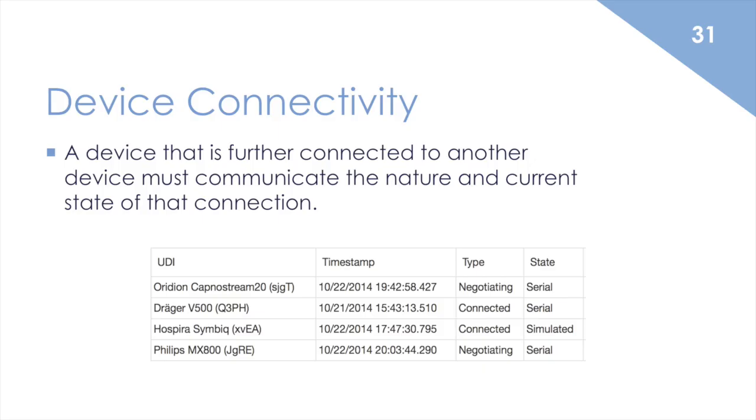So often in the OpenICE system, medical devices cannot natively connect to the system, so there'll be an intermediary. We often use the BeagleBone Black for this purpose as a bit of a protocol interpreter. So where those further connections exist, the BeagleBone Black in this case would need to communicate whether it has achieved a connection to the device itself, and it communicates that information to the rest of the system with the device connectivity topic.